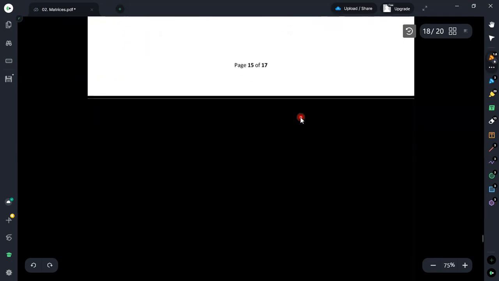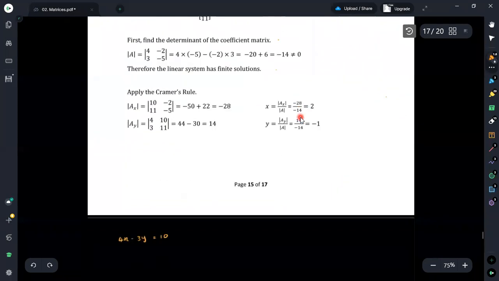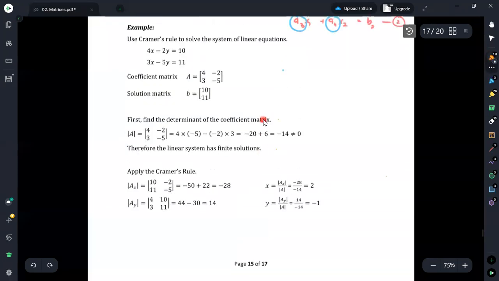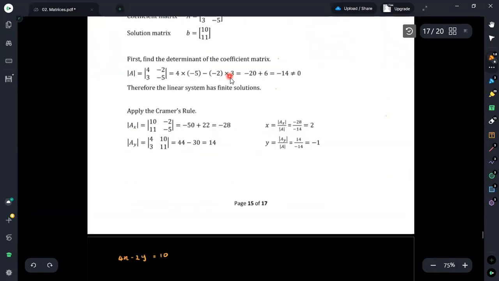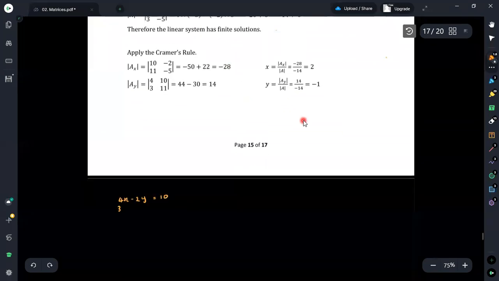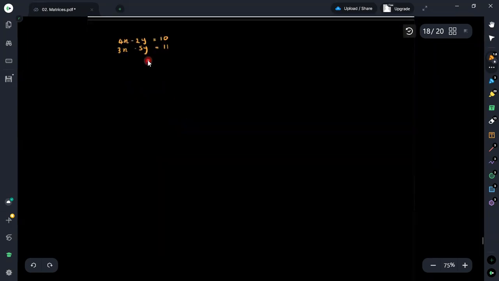If I write it here, it is 4x minus 2y equals 10, and the next equation is 3x minus 5y equals 11. Now we'll see how we can perform the calculation using Cramer's rule.